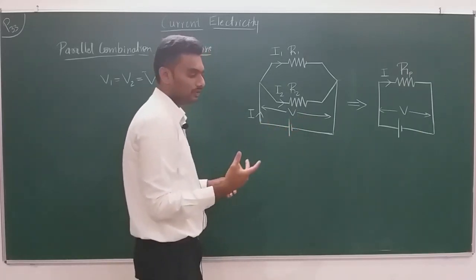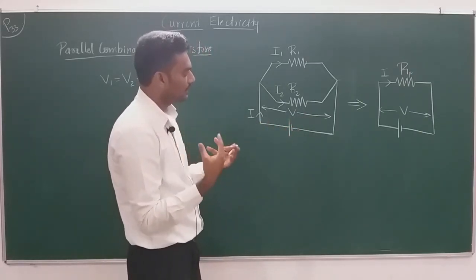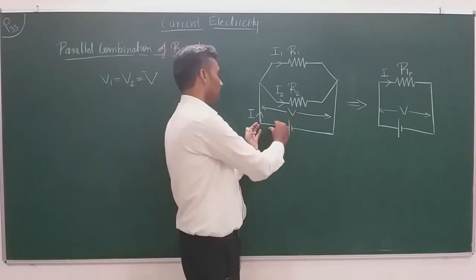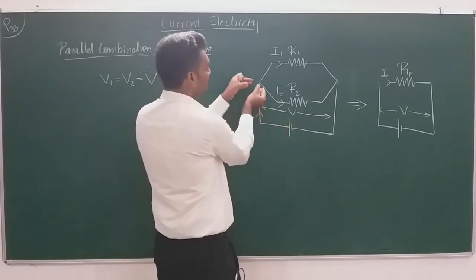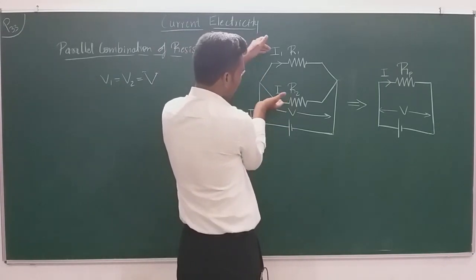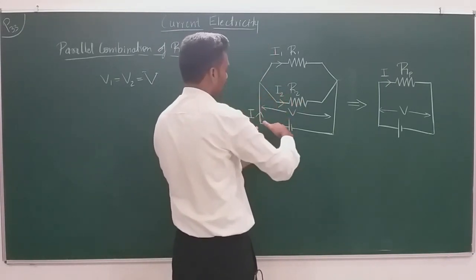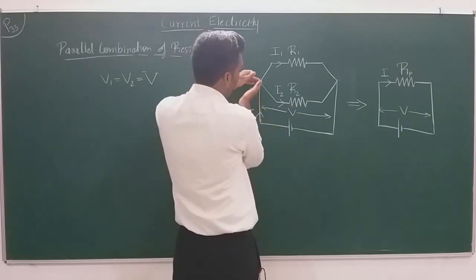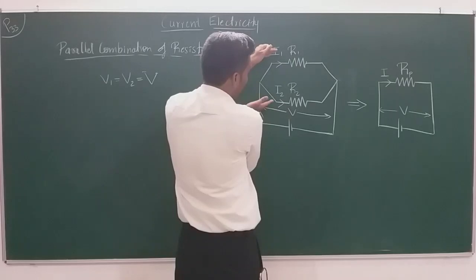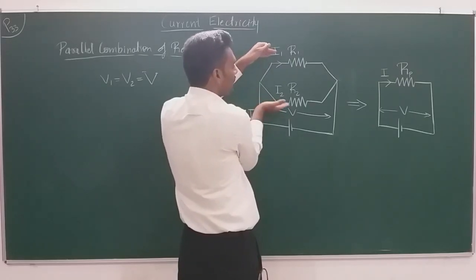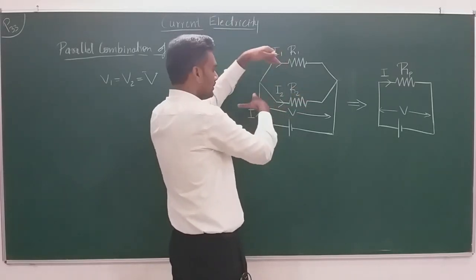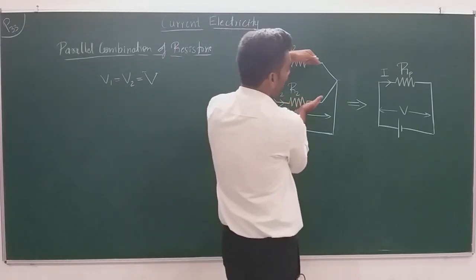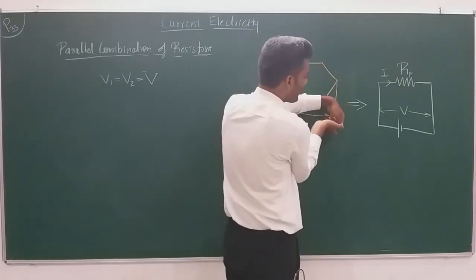If you just want to take the example of water flow again, here you have certain water flowing, and this water itself is what splits into I1 and I2. Similarly here you have certain current flowing through this part of the wire, and this is the current which splits into I1 and I2, right? There is no current coming from outside. This current I itself is what is splitting up into I1 and I2, and they recombine to give the same current again.